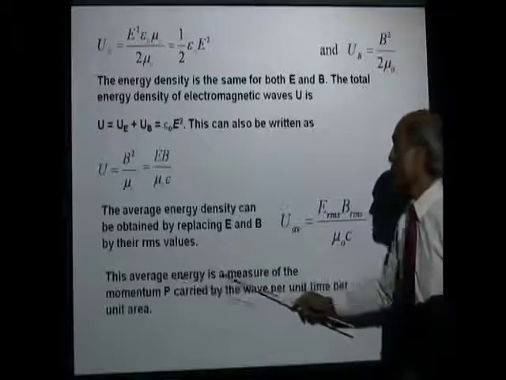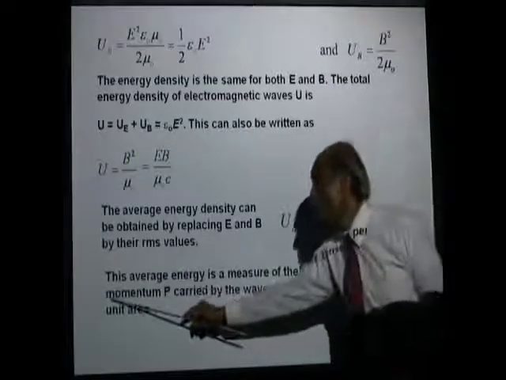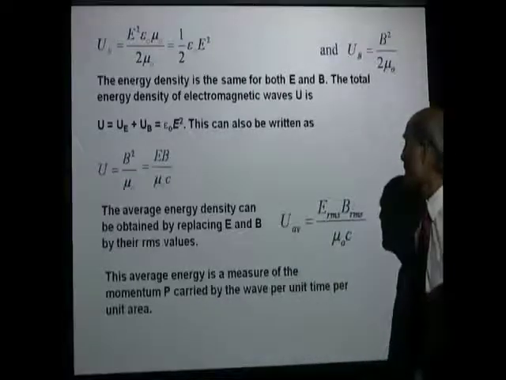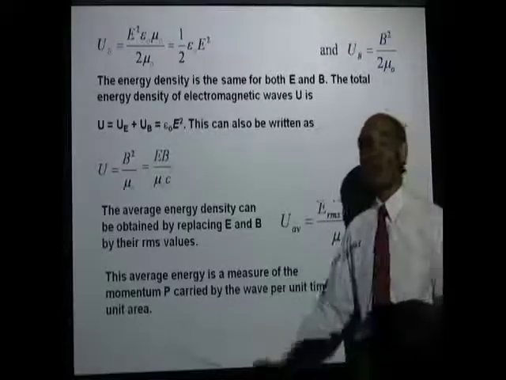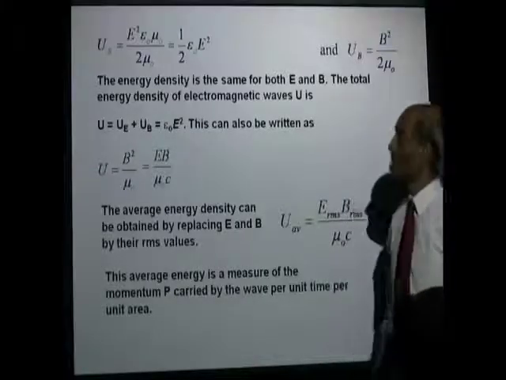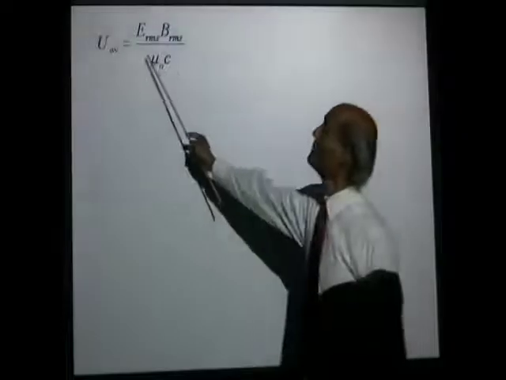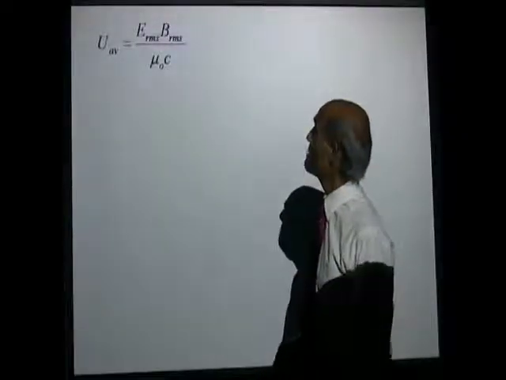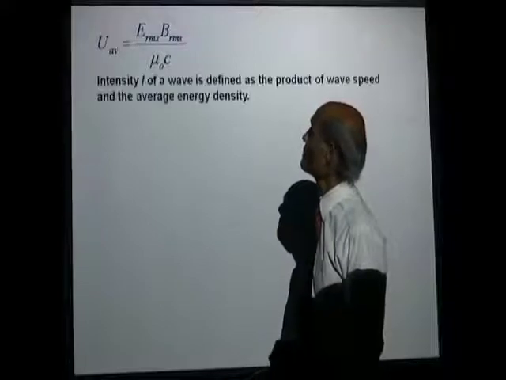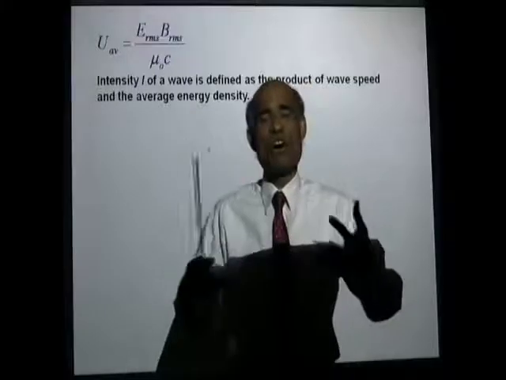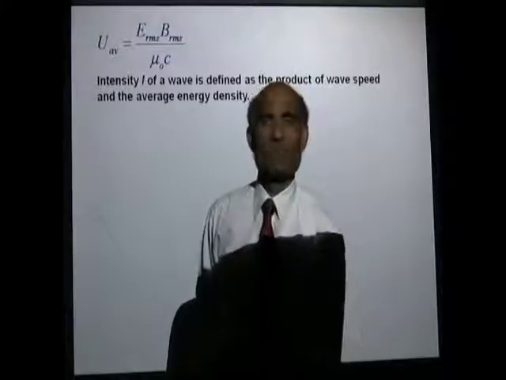Now this average energy is a measure of the momentum P carried by the wave per unit time per unit area. Now that's an important concept. Alright, so the average energy is E RMS B RMS over mu 0 C. Now what is the meaning of intensity of a radiation?